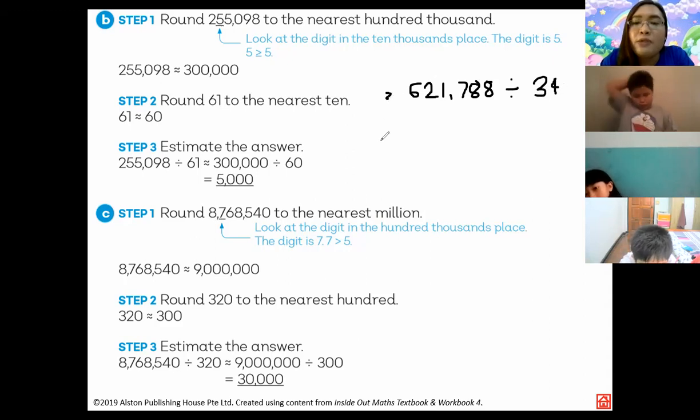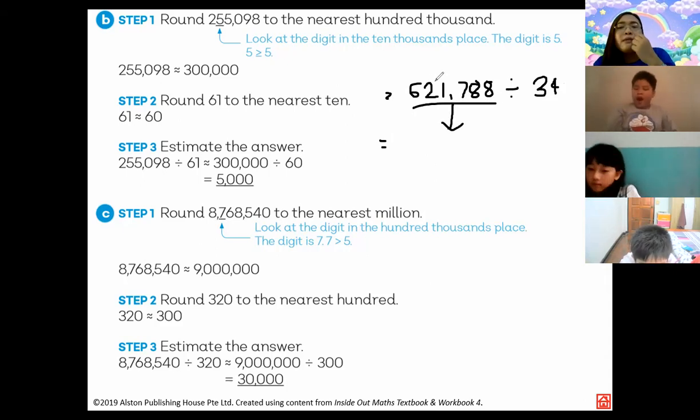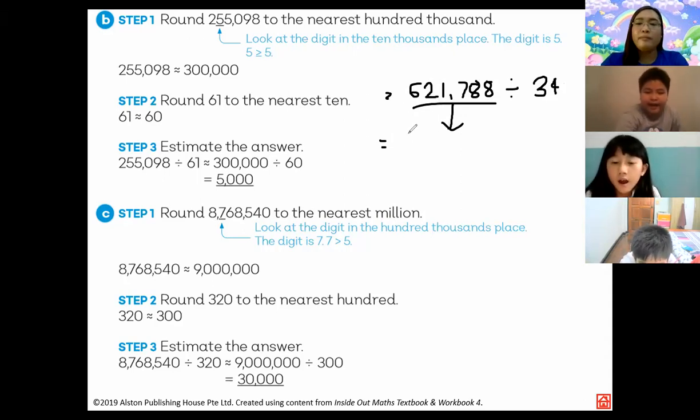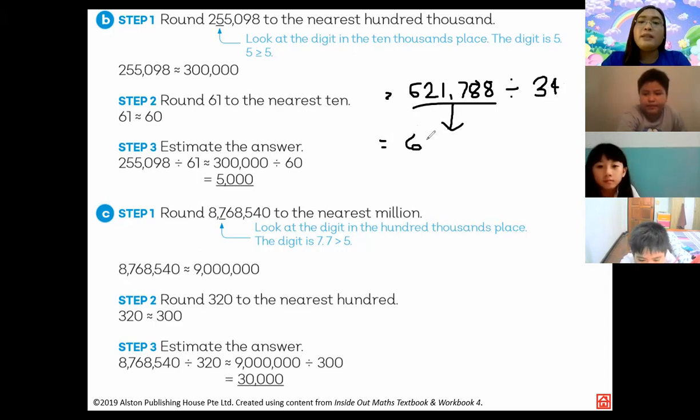Okay, first we have to round the first number. Round this number, class, 621,788. 600,000. Okay, so that's 600,000.